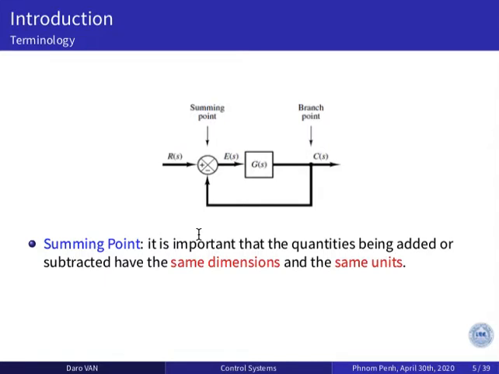Okay, and if you don't verify the unit, then you will be in serious trouble. The software won't tell you the problem, so it is vital to check the dimension and the unit at the very first stage. Okay, it is very simple but very important, especially when you deal with complex systems.